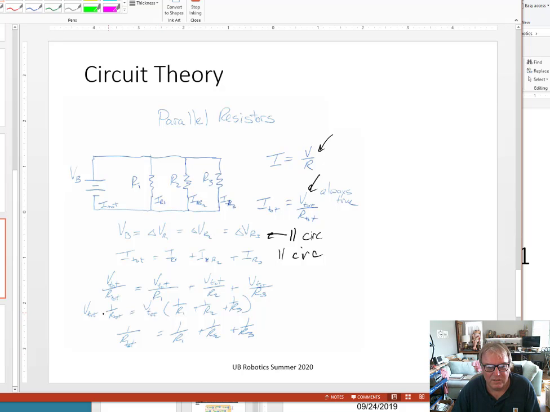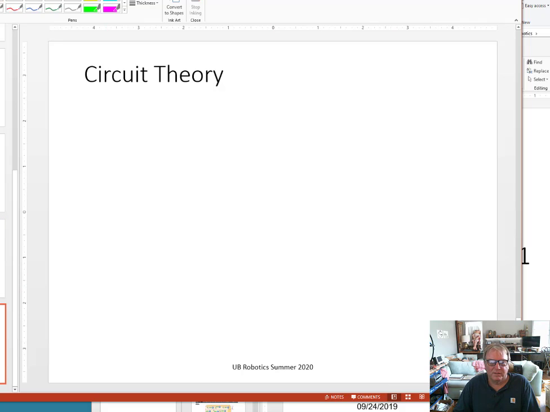So once again, using the distributive law of multiplication, we can pull out that V total, and then once again we can cancel it. And now we're left with this expression here, which is just a little bit harder to do than the one before. And let's do an example.